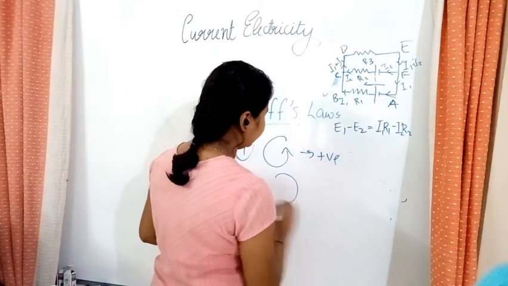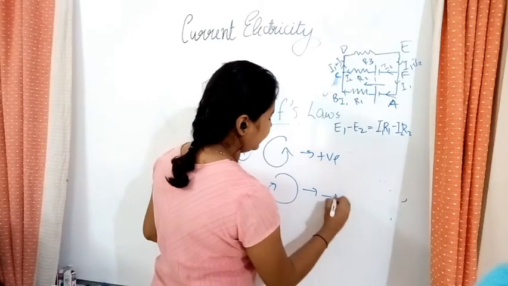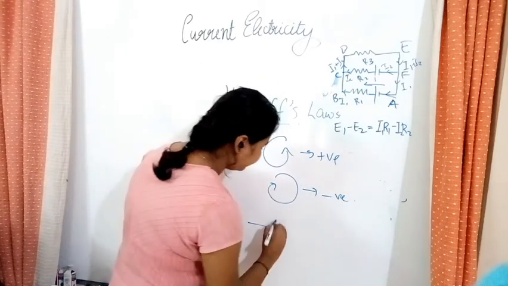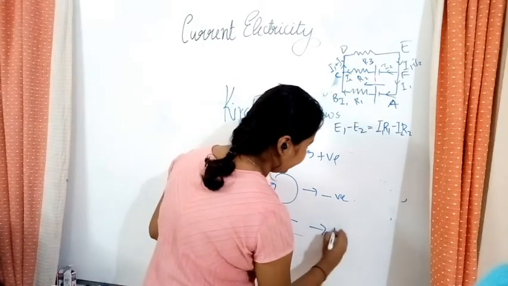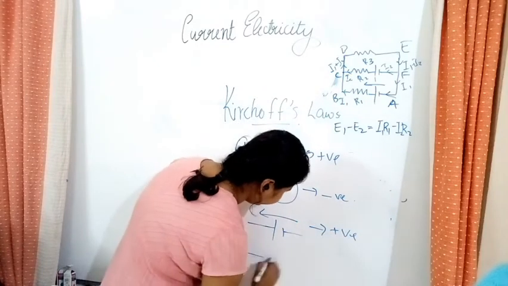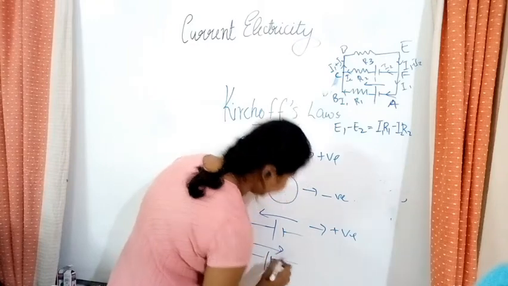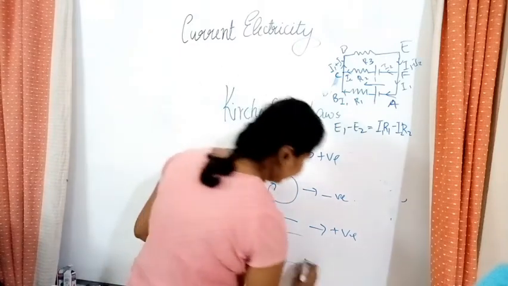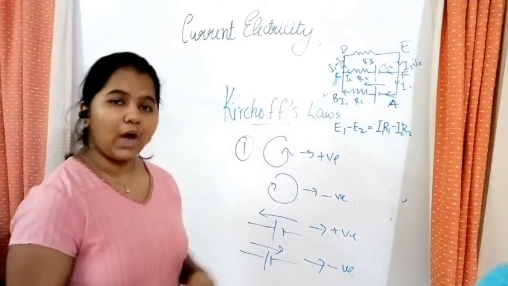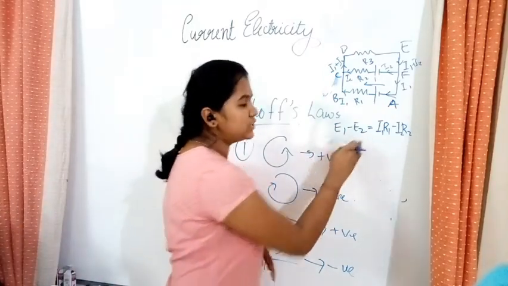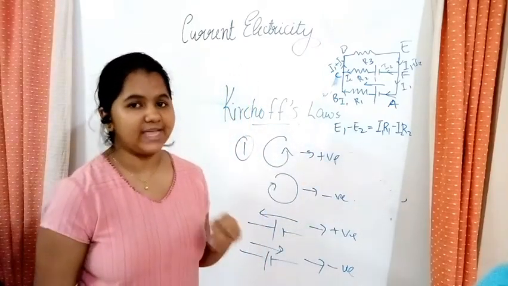If the current is in the clockwise direction, it is negative. If the current flow is in the direction of the potential, then it is positive. If the current flow is in the opposite direction of the potential, then it is negative. So these are the conditions. Now we see E1 minus E2 is equal to IR1 minus IR2.